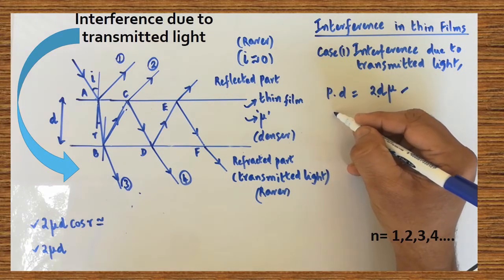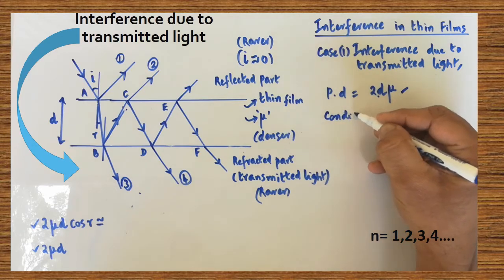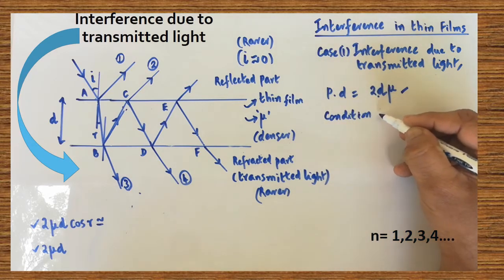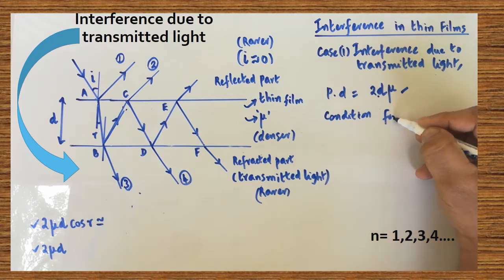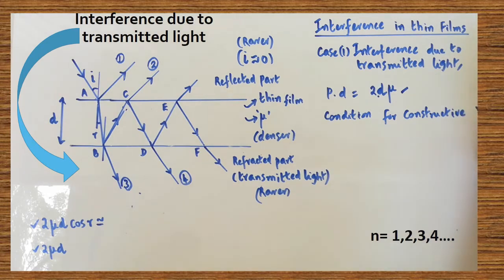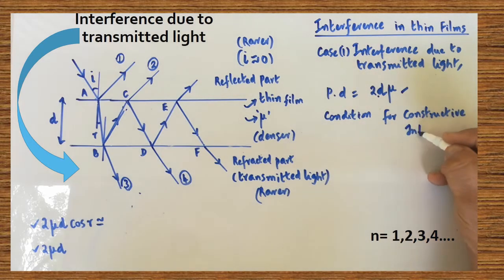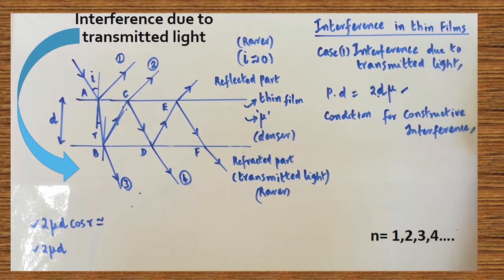Now we have to find out the condition for constructive interference. Constructive means to observe the bright fringes. We need the condition for constructive interference. Already in Young's double slit experiment, we have learnt the condition for constructive interference.